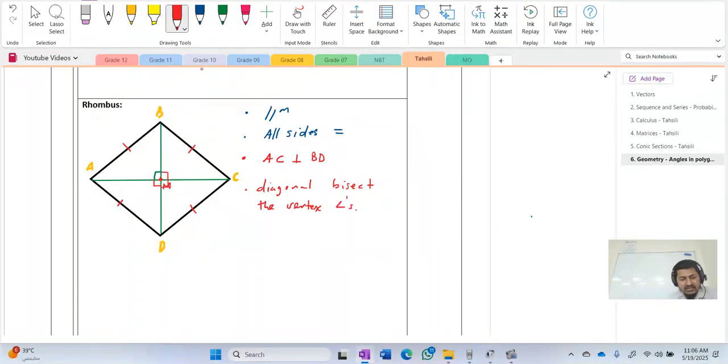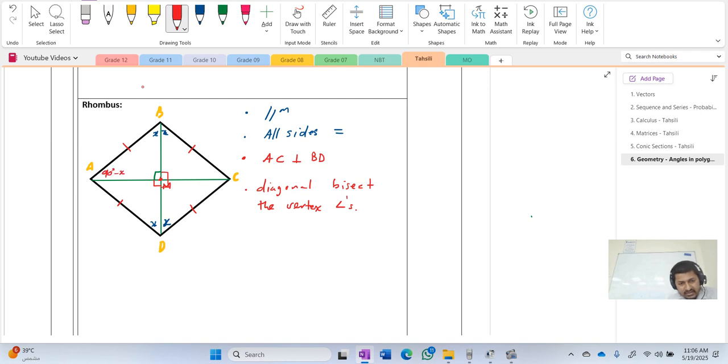If I take alternate angles, these two angles are also the same. So if this is x, this will be x, and by taking alternate angles, this is x. Because this is x and that's 90, this will become 90 degrees minus x, and same here and same there. I hope you guys understood that.